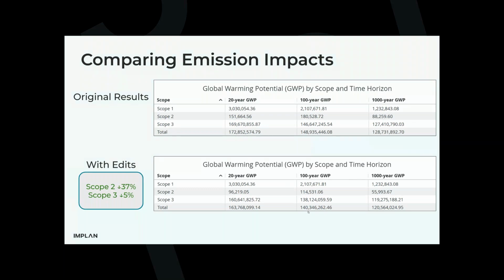But I'll certainly do some more research on that. Let us know if you have any other information that we should be aware of. Scope 1 right now is not editable, but that is definitely something we'll be working on, layering in some capabilities there.